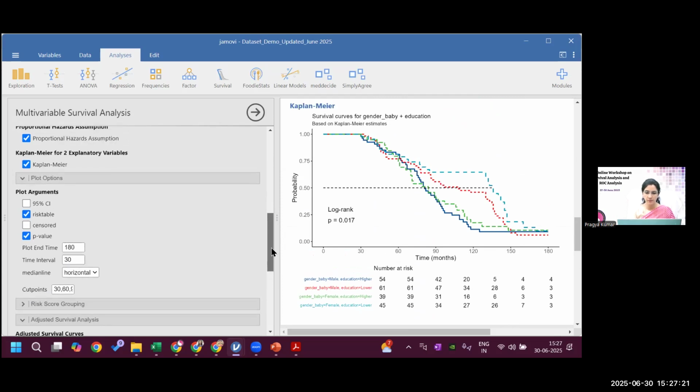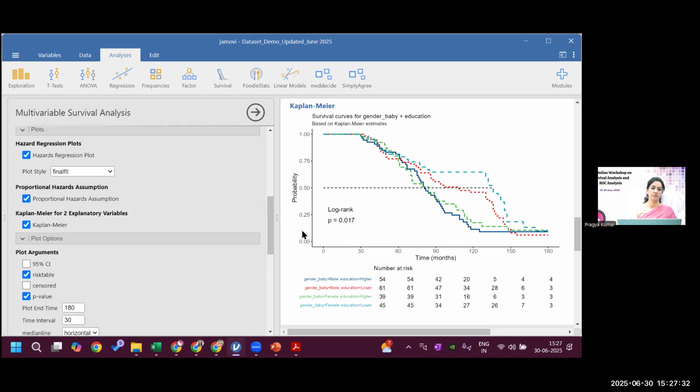gender. This will give you 4 combinations: gender baby male and higher education, gender baby male and lower education, and so on. All 4 combinations, because 2 explanatory variables will have 4 combinations, and the log rank test was significant. You can see the color.